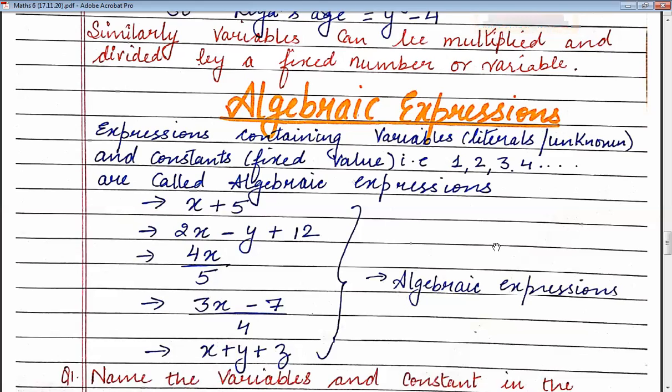Whenever you see variable and constant, you will say that is your algebraic expression. Even if we have all the variables in an expression, that is also called an algebraic expression. Now children, let us discuss a few questions based on the above explanation.